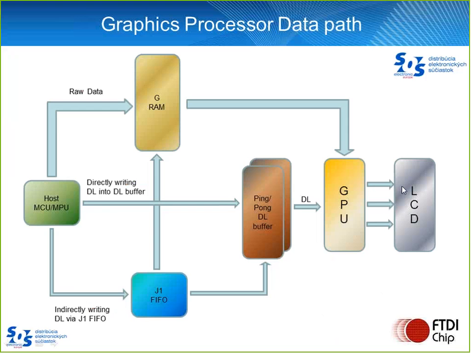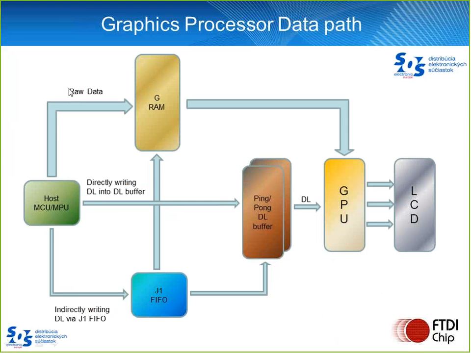Okay, so this is a block diagram basically going over how the processor is getting the data through to the screen itself. The direct write would be using the display list, and this would be, for example, the simple points or circle being driven through the buffer to the graphics processor.